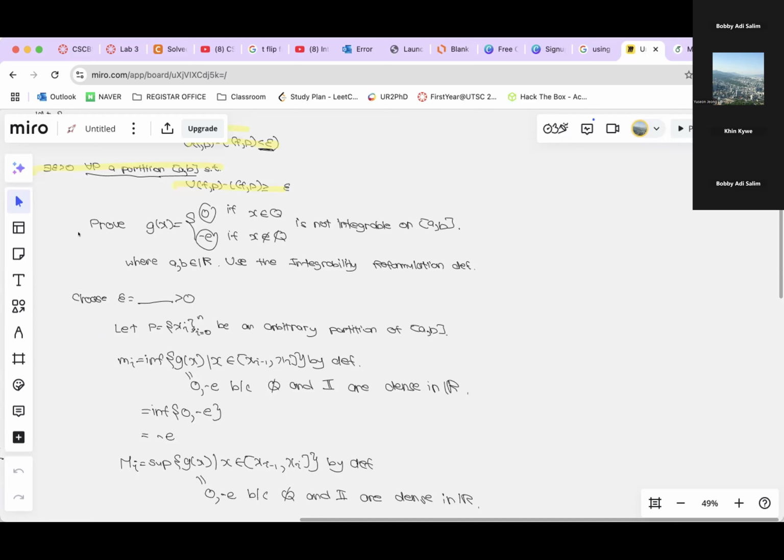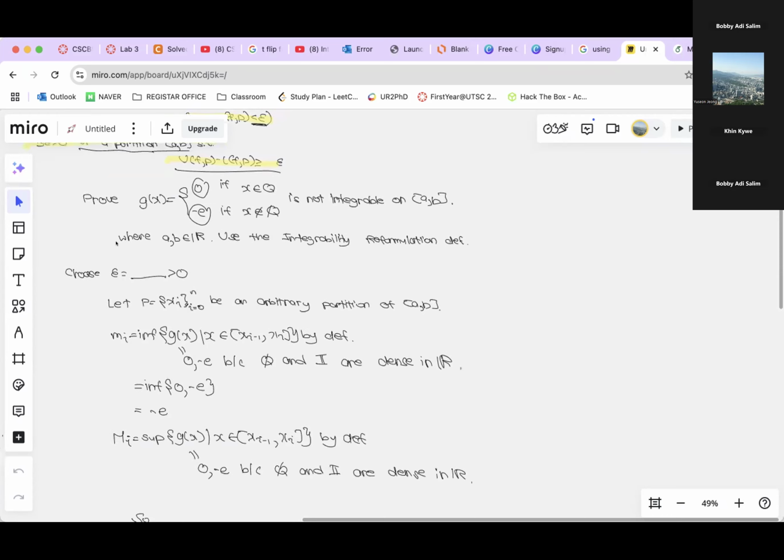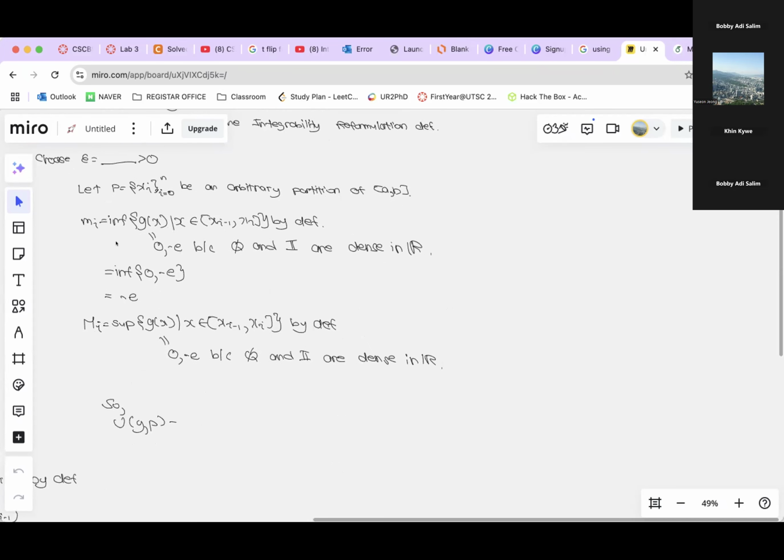What are we supposed to prove? We're supposed to prove that this one is going to be greater than or equal to epsilon. So we use the definition again. So U of G and P minus, what is it again? It says L of F and P, L of G and P, oops.